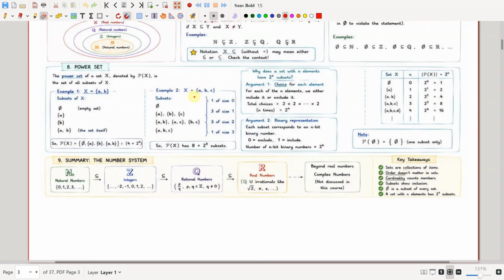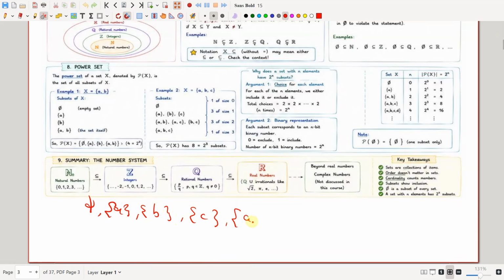Let's see another example for the power set. X is equal to {a, b, c}. The empty set is a subset of every set, so firstly we write that. Then I have to write each letter separately. Then I have to combine any two letters, which will be {a, b}, {a, c}, or {b, c}, and then I have to write the set itself.